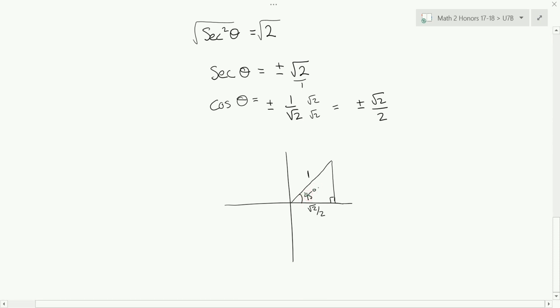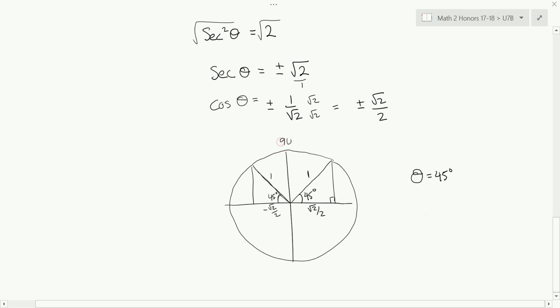And so we just got an answer in quadrant 1. Theta is 45 degrees. Okay? So then we go to quadrant 2. That's where it's negative root 2 over 2. We know the reference angle is 45, but that's not the angle we're really looking at here, because 45 degrees is not in quadrant 2.